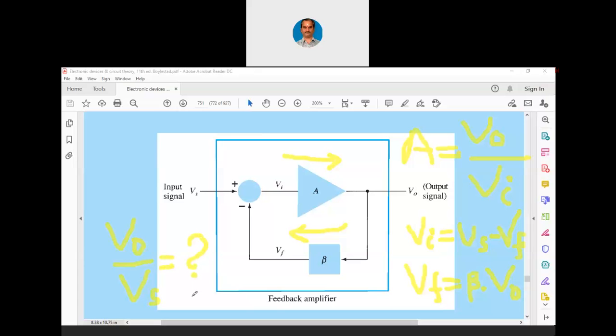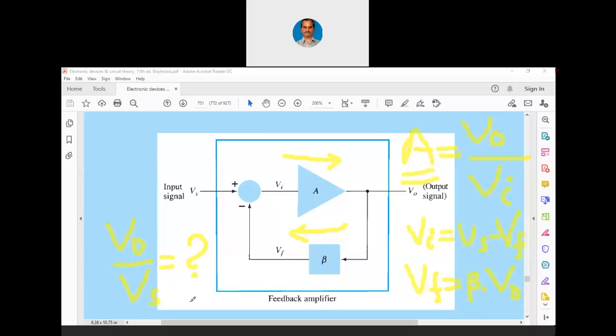I will not be able to cover that particular derivation. But in the next class, we will see what is V0 by Vs. It will be obviously less than A, right? V0 by Vs will be obviously less than A, because the gain will get reduced. That is the obvious disadvantage of negative feedback, but the obvious advantage is that bandwidth gets increased.